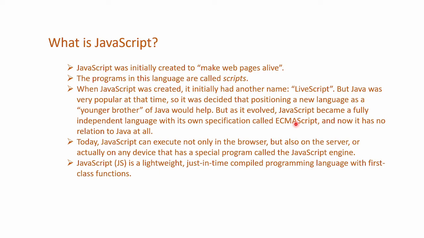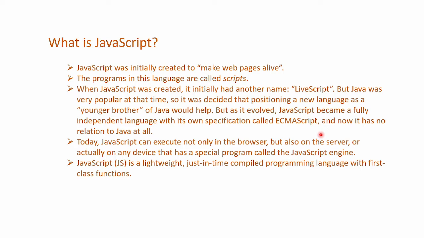Since it has been developed for scripting language and JavaScript is also a scripting language, JavaScript also follows it. So it is a fully independent language, and ECMAScript is a specification for scripting language. So JavaScript and Java have no relation. Earlier it had one for the sake of popularity, but now it does not.